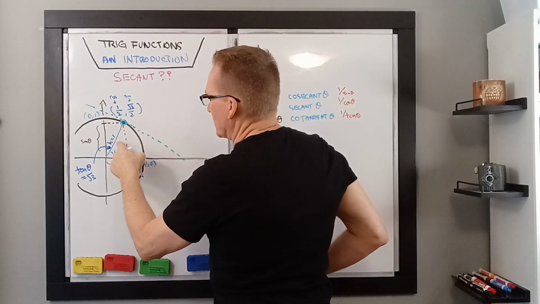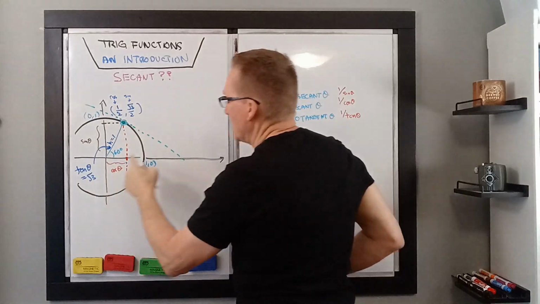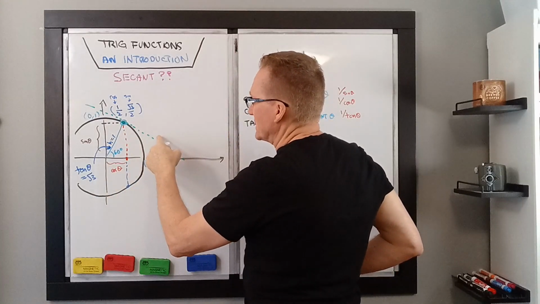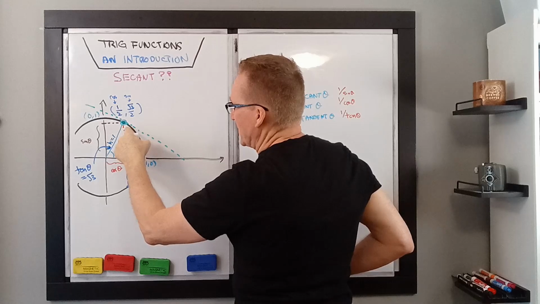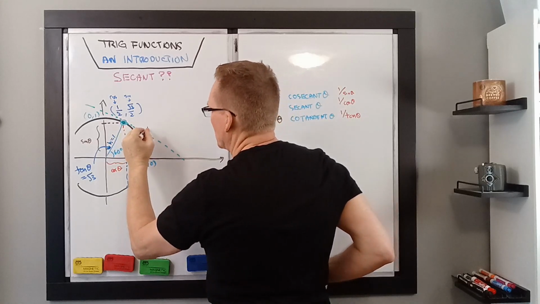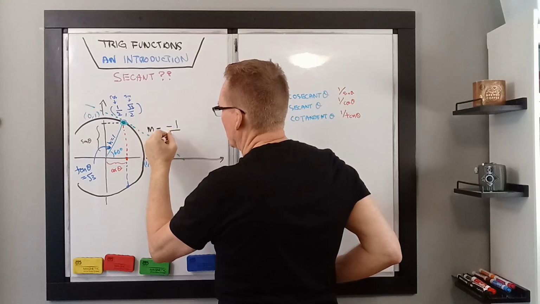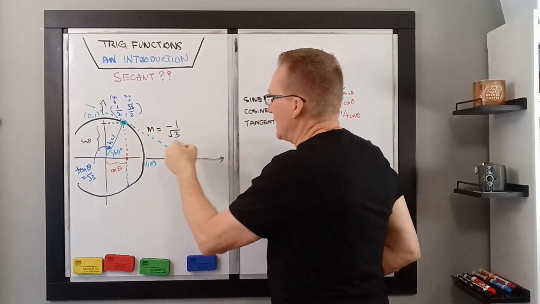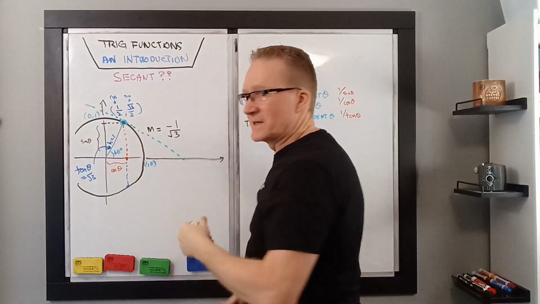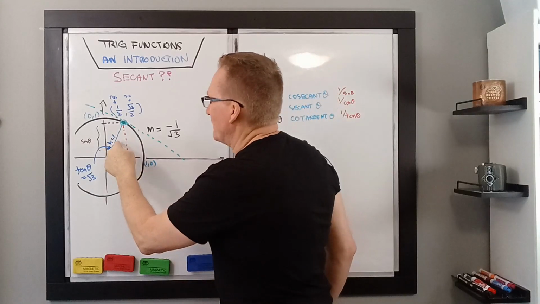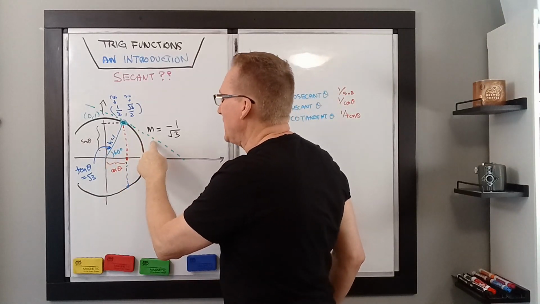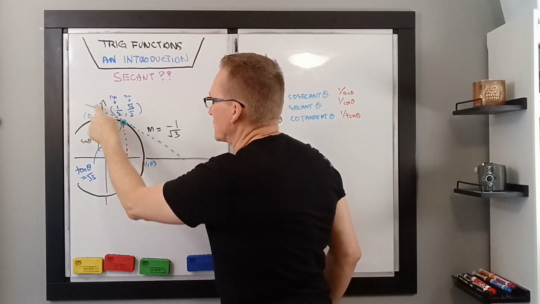The slope of this line over here, which is the tangent function, is related to the slope of this line, which is a tangent to the circle, and the slope of this one, m for slope, is -1/√3. So the idea is this: we call this the tangent function because the value of the tangent function is related to the tangent of the circle itself.